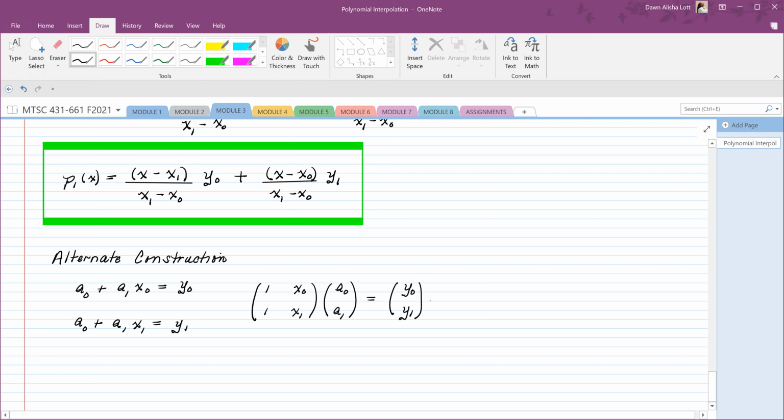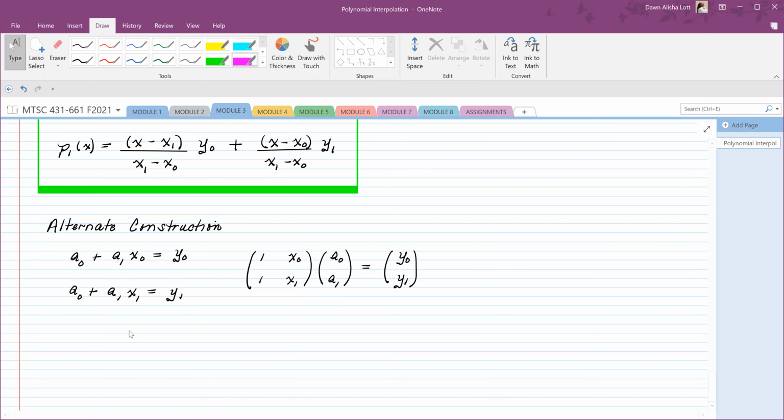Okay, so I can solve that. And when I solve this, A naught turns out to be Y naught X1 minus X naught Y1 divided by X1 minus X naught.